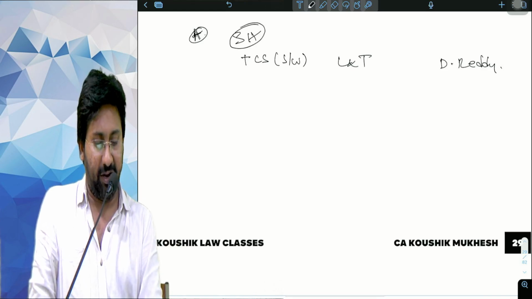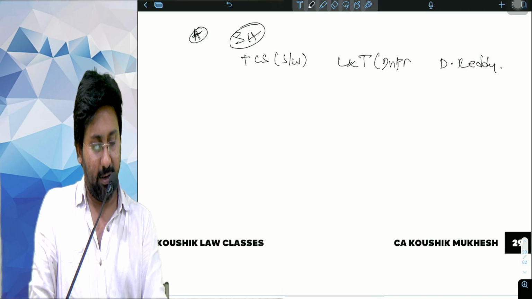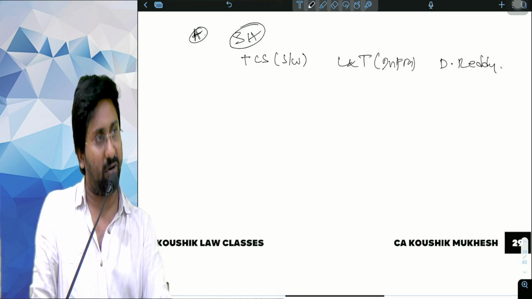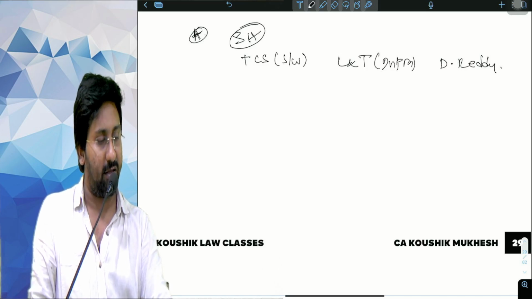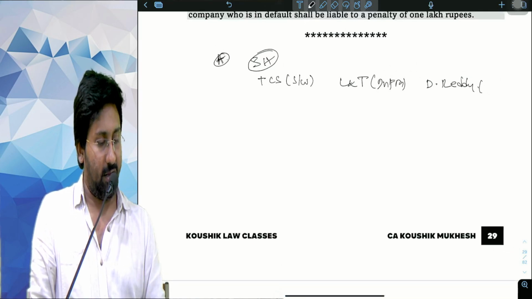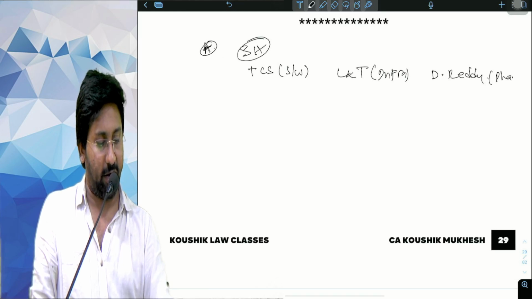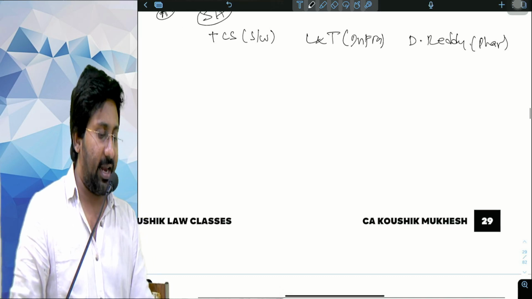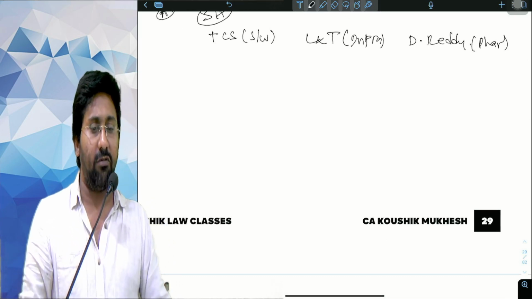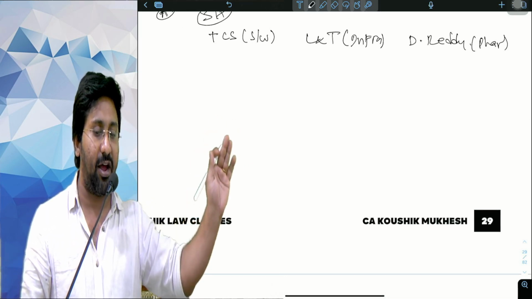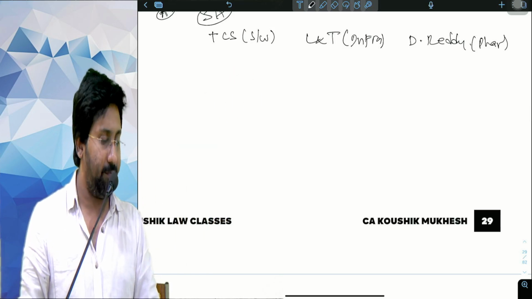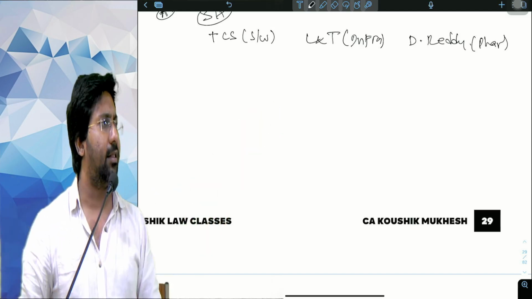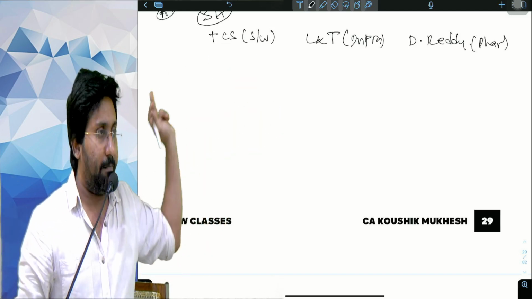TCS is in software, L&T is in infra, construction, which in the stock market falls into one category, infra. Next, Dr. Reddy's will be located in the pharma sector. So one is in software, another in infra, another in pharma. All three are not in the same industry; they are diversified. I am a member of all three companies, say for example.